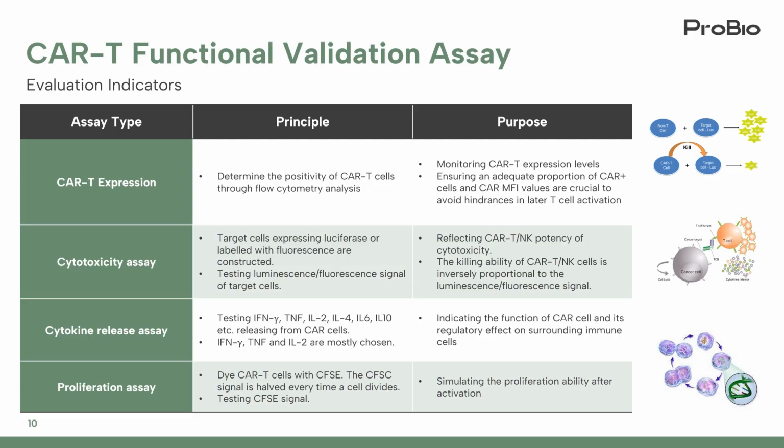After finalizing the CAR antibody sequence, the CAR T cell will be generated, followed by functional screenings with a panel of indicators, including the T cell surface expression levels, the cytotoxicities, the cytokine release levels, and the T cell proliferations.